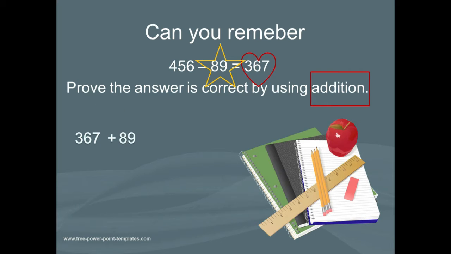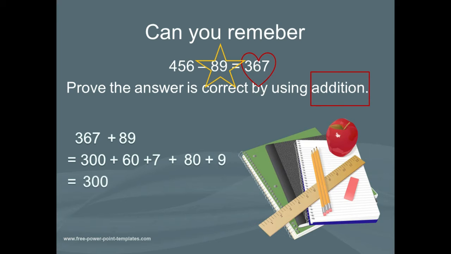To make it easier for us to do the adding, you can break it down. You say 300 plus 60 plus 7, and then you also break up your 89, and that's going to be 80 plus 9. Then I add all my hundreds, so there's only 300, so I write down the 300.